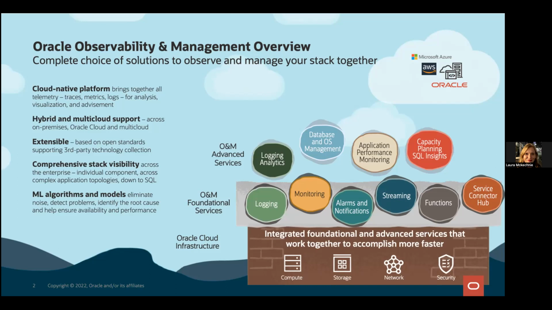We also have developed a service connector hub, so services can observe and manage and integrate with other Oracle services, as well as open standard based and third-party services. And then on top of that, we have Foundation. We continue to add advanced services providing capabilities that help customers gain greater insights, solve current business problems, and innovate for the future. So it's a layered approach: the infra, then O&M foundational services, and then O&M advanced services.